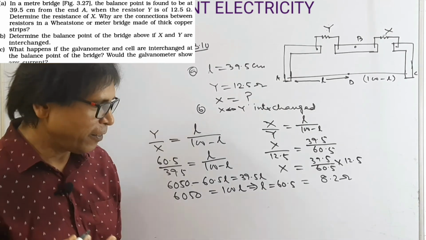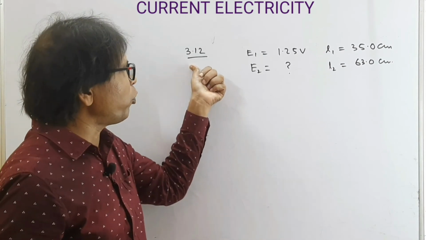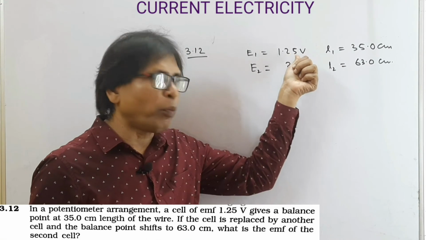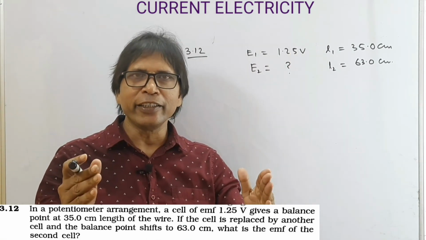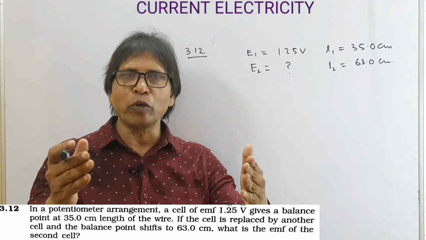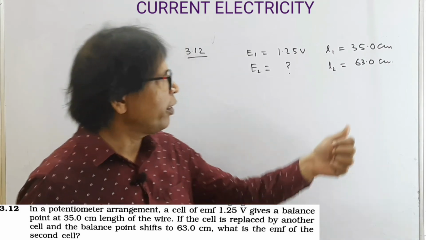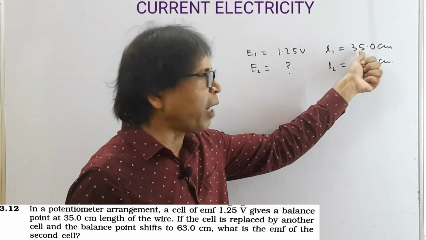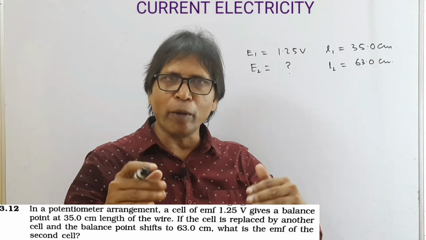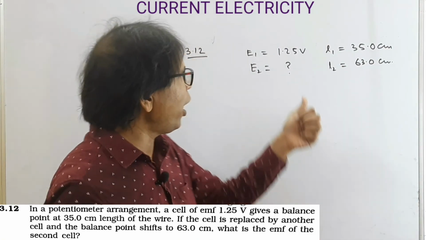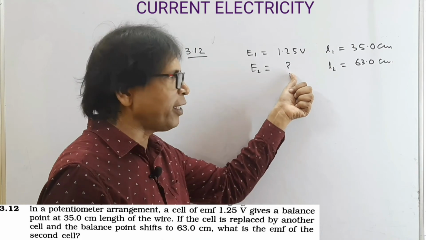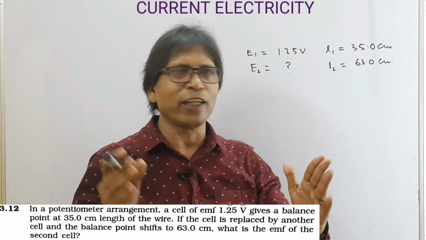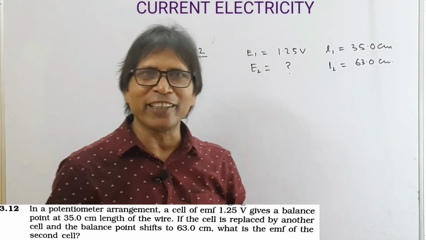Understood? Next, NCERT 3.12. When a cell of EMF 1.25 volt is connected in a potentiometer to measure its EMF, the null point is obtained at a distance of 35 cm from the point of higher potential. Now the cell is replaced by another cell and the null point shifts to 63 cm. What will be the EMF of the cell?